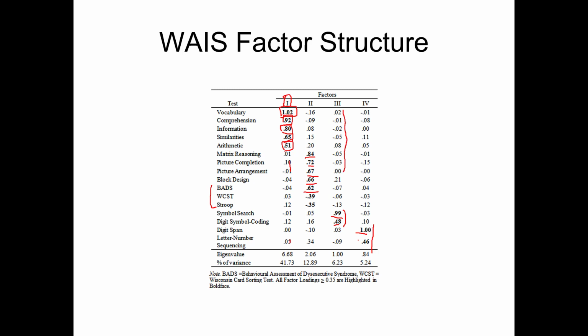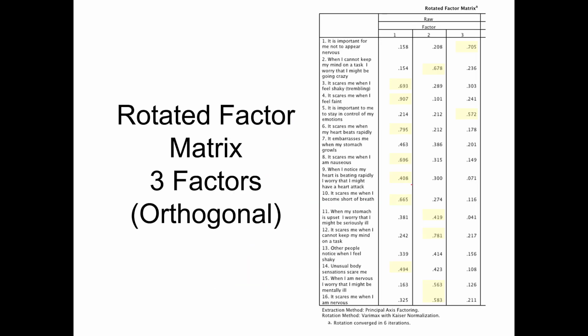Some items, like block design here, get close to loading on factor 3, at 0.21. Arithmetic has a high loading on this, though it's really not that high, but sometimes we'll get items that load on more than one factor, and that's when it gets a little more difficult to interpret. This factor structure right here is a nice clean structure, very easy to interpret. This is something that we want to find.